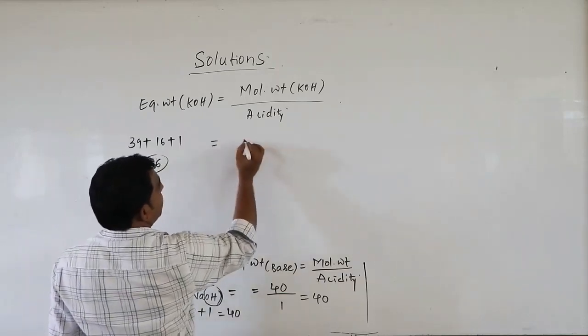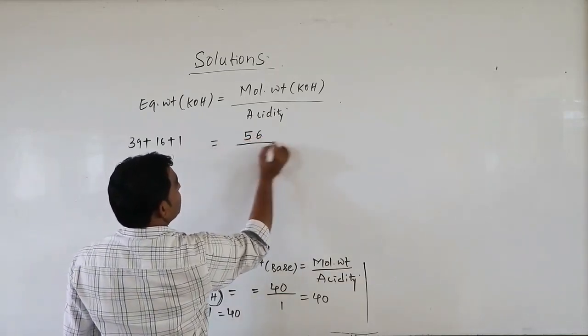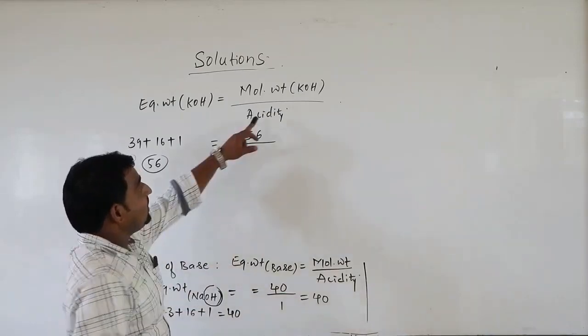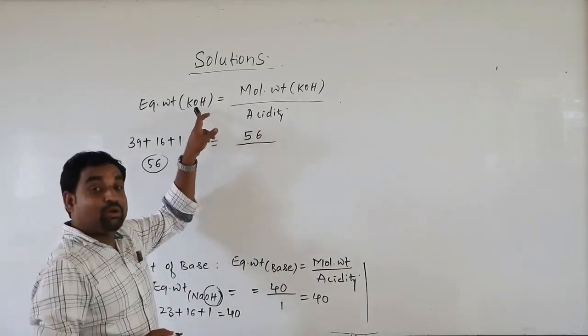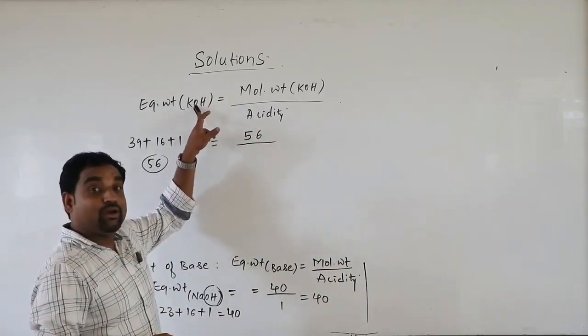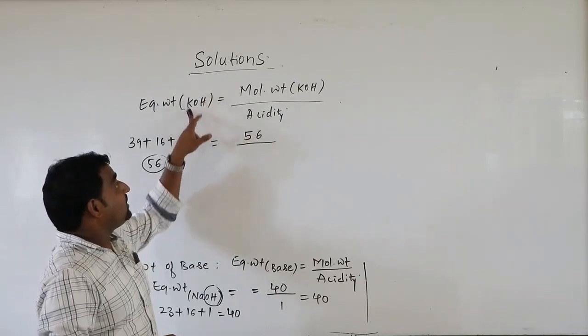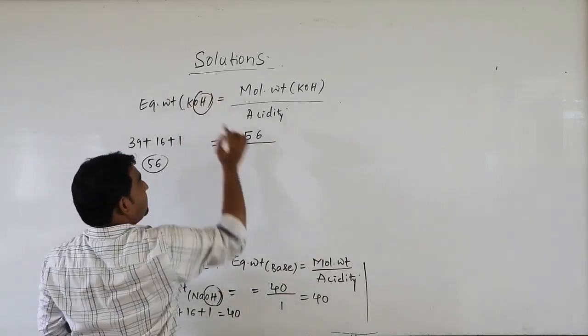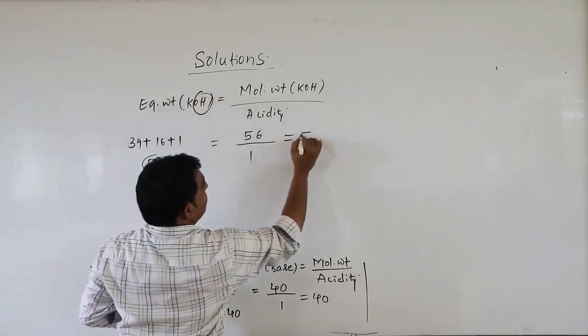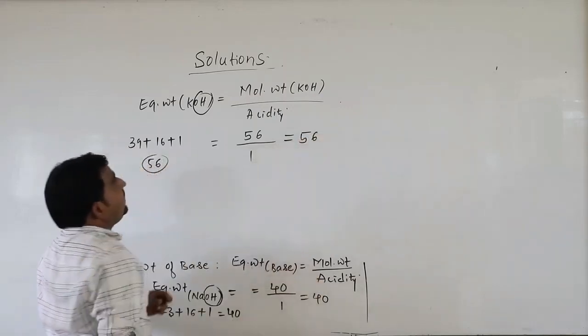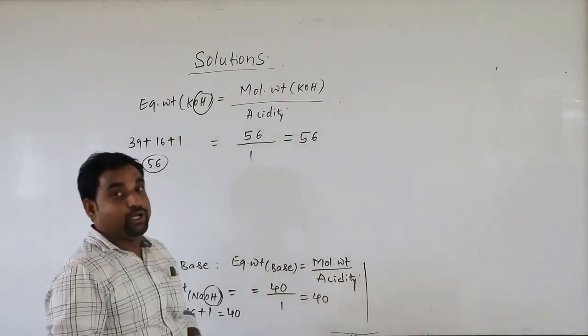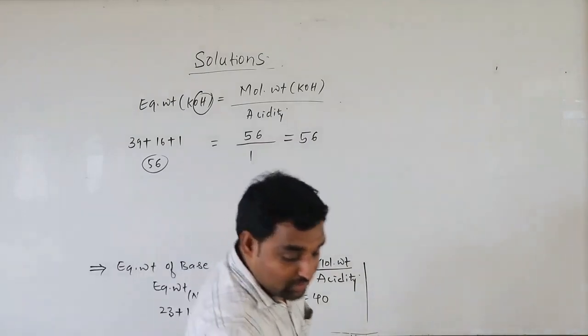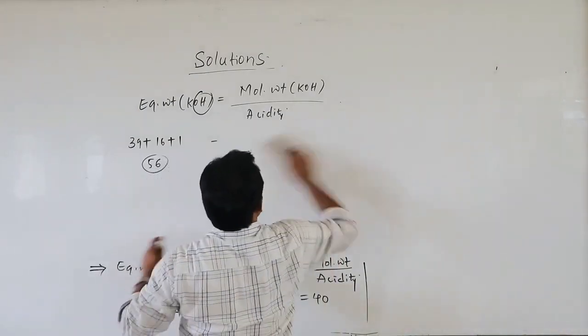Molecular weight of KOH is equal to 56 divided by acidity. The replaceable hydroxyl ions are 1 here, hence we divide by 1. This is the equivalent weight of KOH.